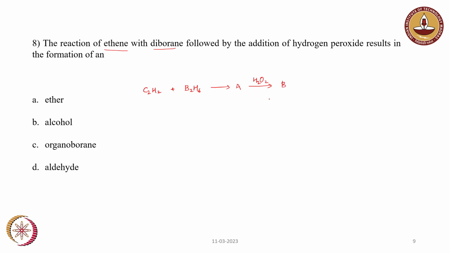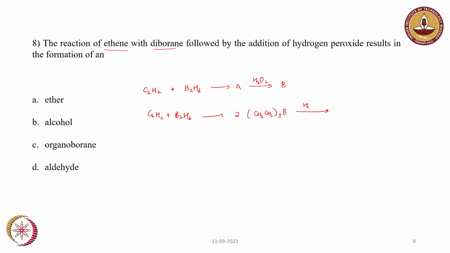B2H6 reacts with ethene to give (CH3CH2)3B, and on further oxidation this will give ethanol and boric acid.